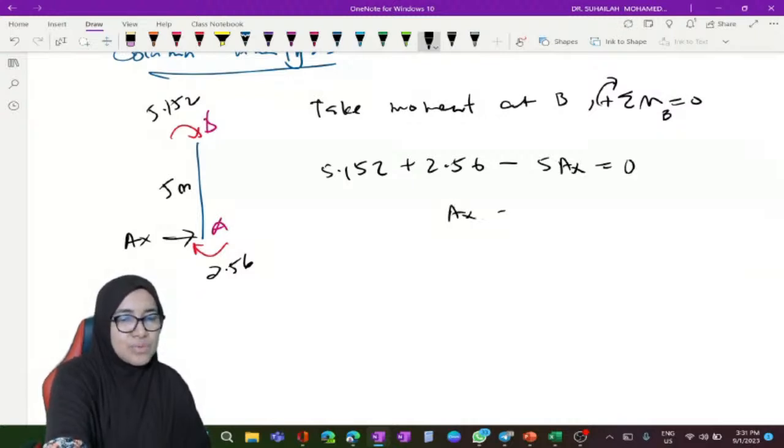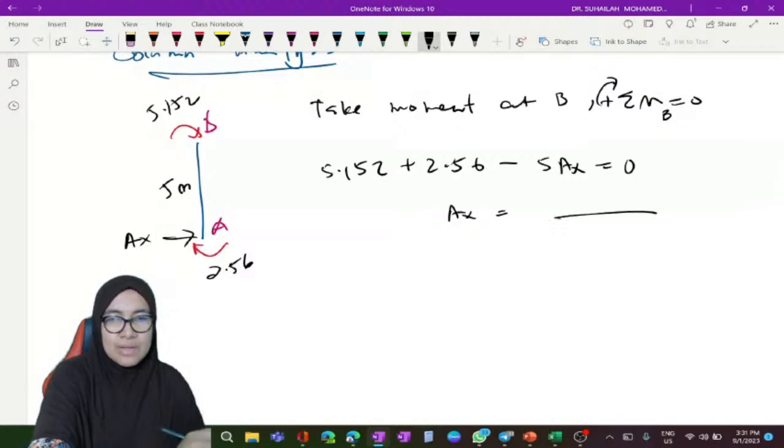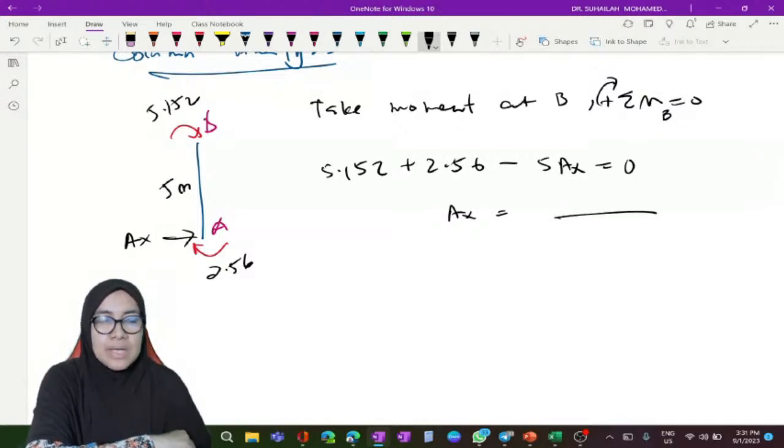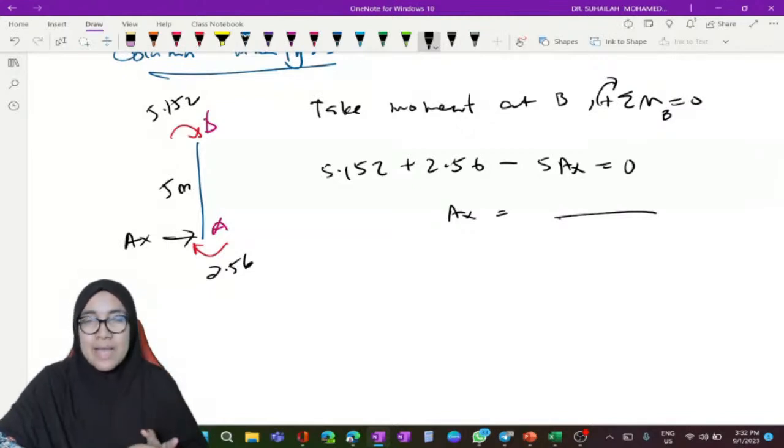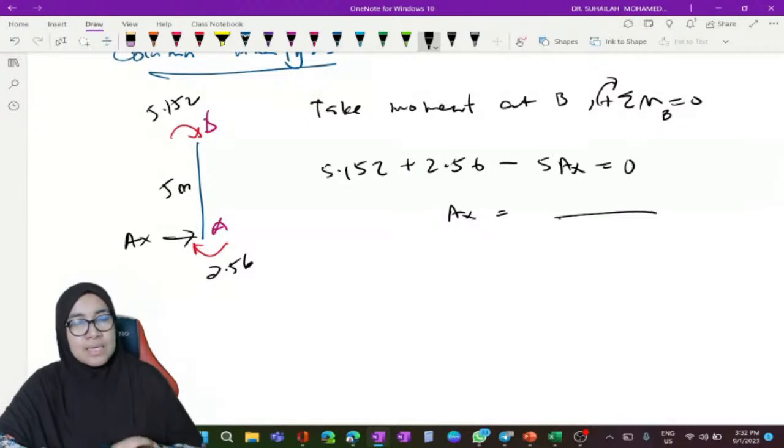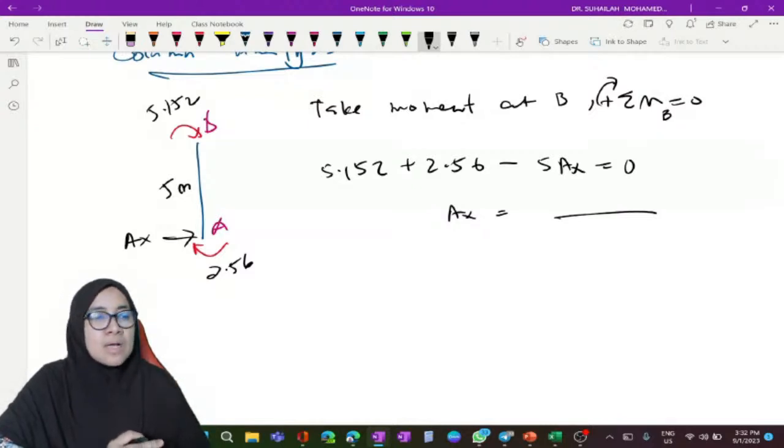So AX, we will get the value here. This is column analysis, this is for AX, and we can continue to analyze column CD using the same step.